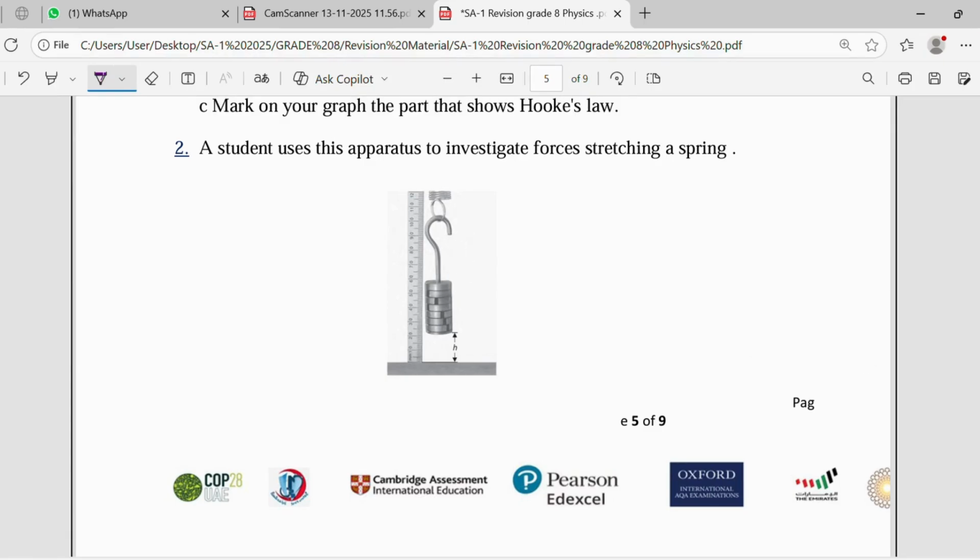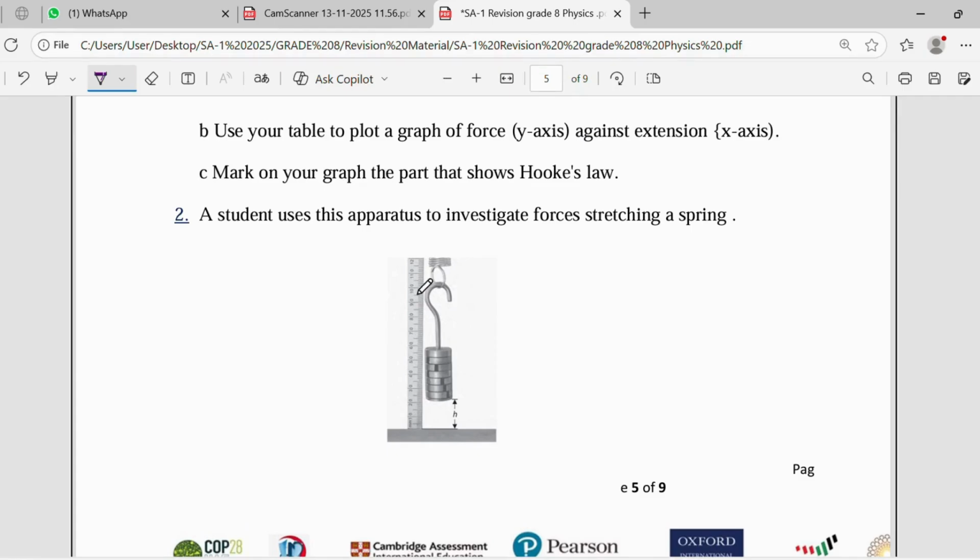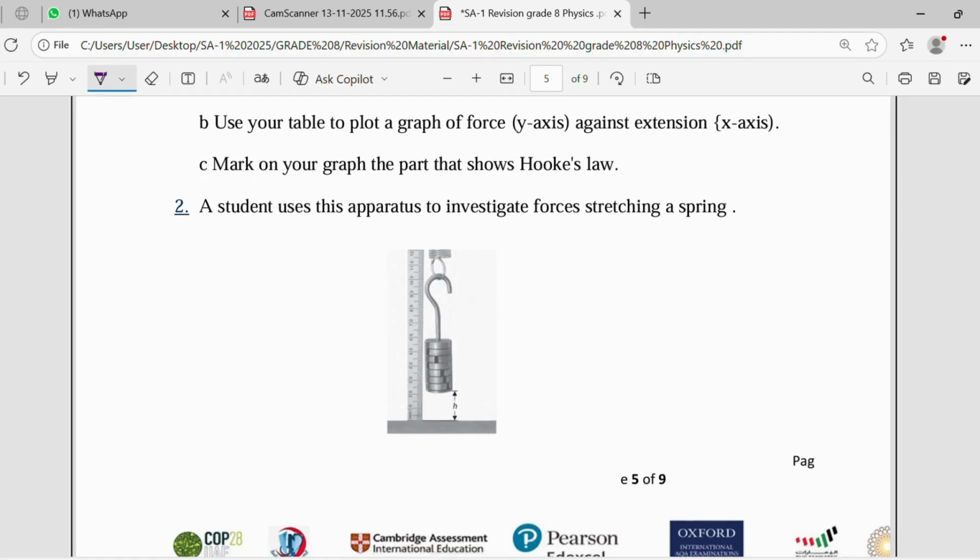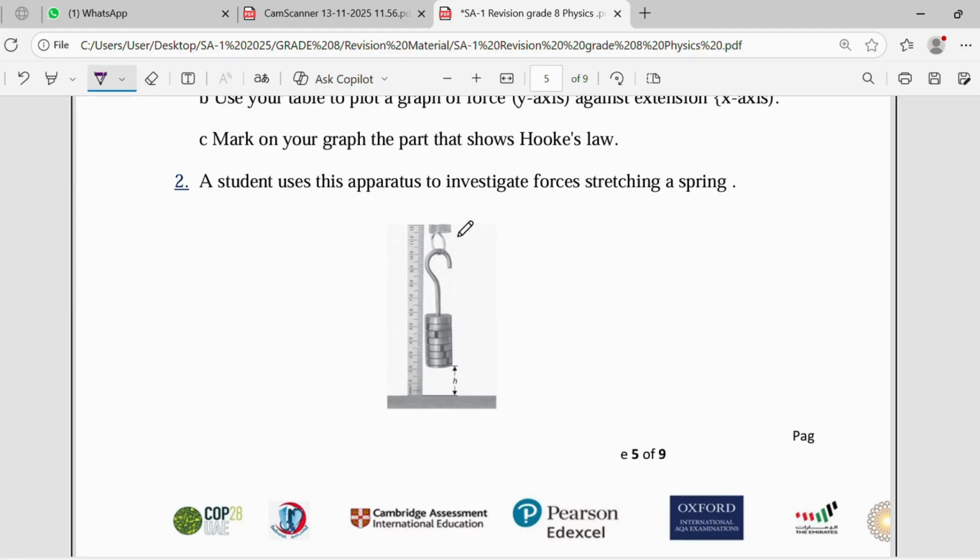Here we have a ruler and a weight which is hung from a spring, and this is the height from the ground level. This is the added weight. If you add more weight, what happens to the spring? It will extend. Very simple.